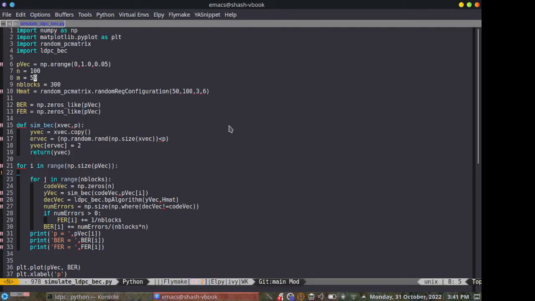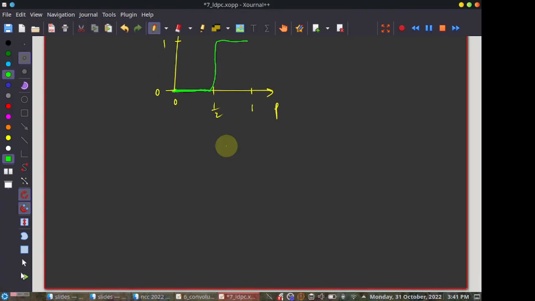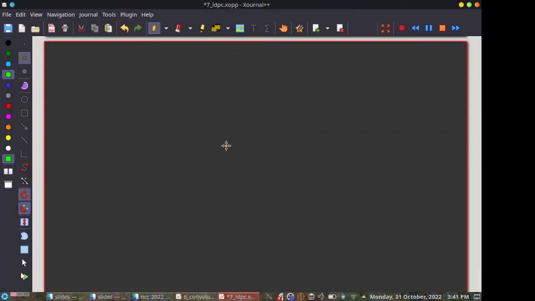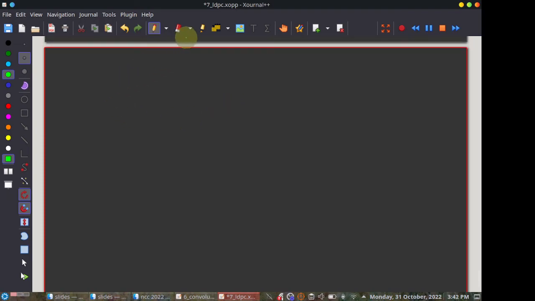Okay? So now I'll introduce a class of LDPC codes which are special. Okay, these are called regular low density parity check codes.